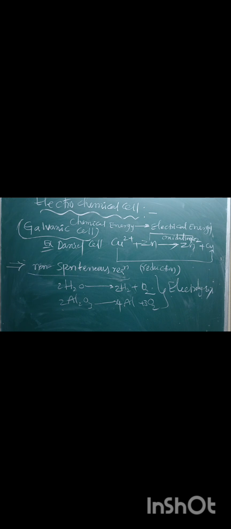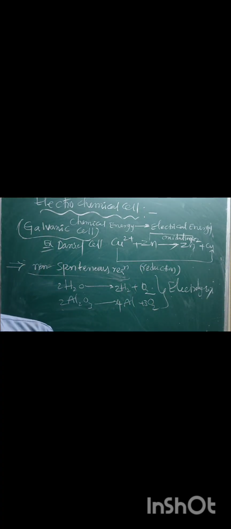Oxidation means addition of oxygen or removal of hydrogen or loss of electrons or increase in oxidation number of a substance. What is reduction? Reduction means gain of electrons or addition of hydrogen or removal of oxygen, decrease in oxidation number. These are all various definitions.